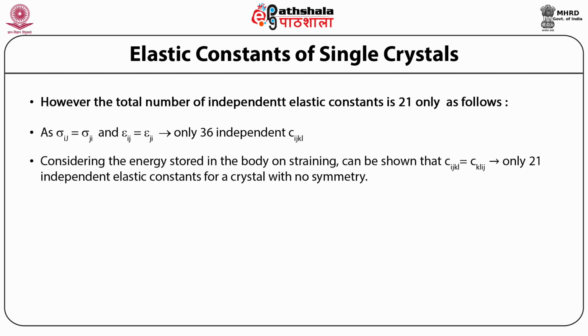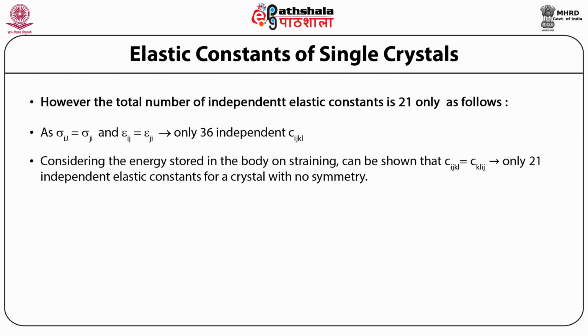By considering the energy stored in the body on straining, it is found that Cijkl equal to Cklij, that is, the indices can be exchanged pairwise. This reduces the number of independent elastic constants to 21 only.